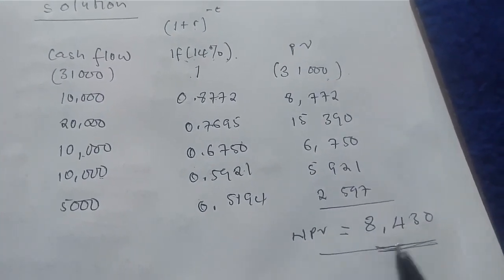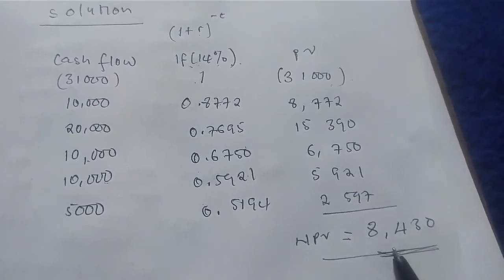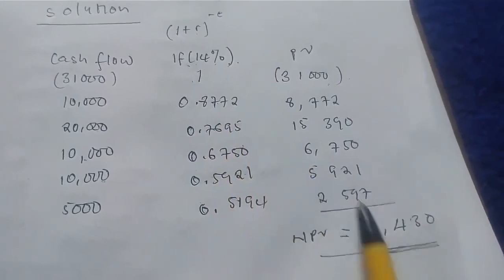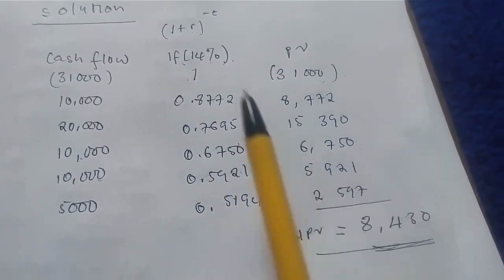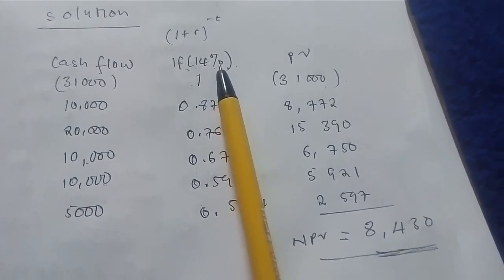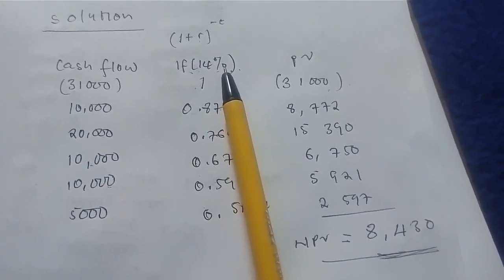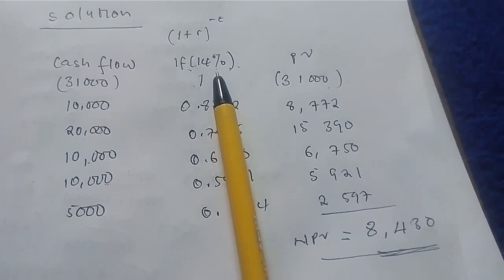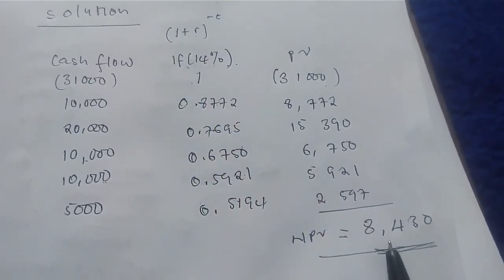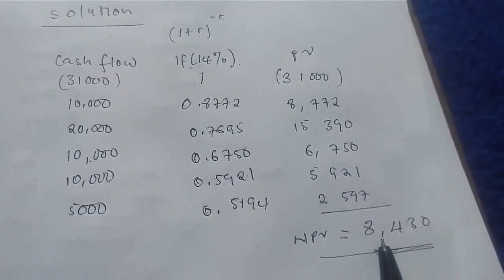If you find the NPV which is positive, in order for us to reduce this number to 0, we have to increase the interest factor here. That's the relationship which is there. So increasing the interest factor will lead to a reduction in the net present value.